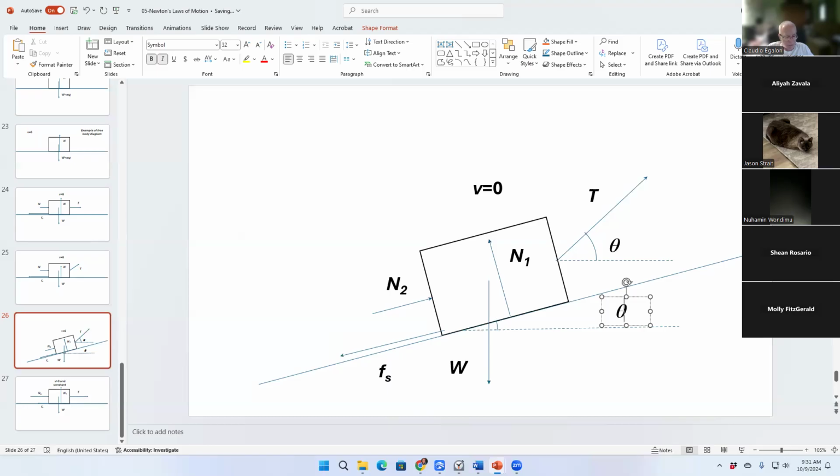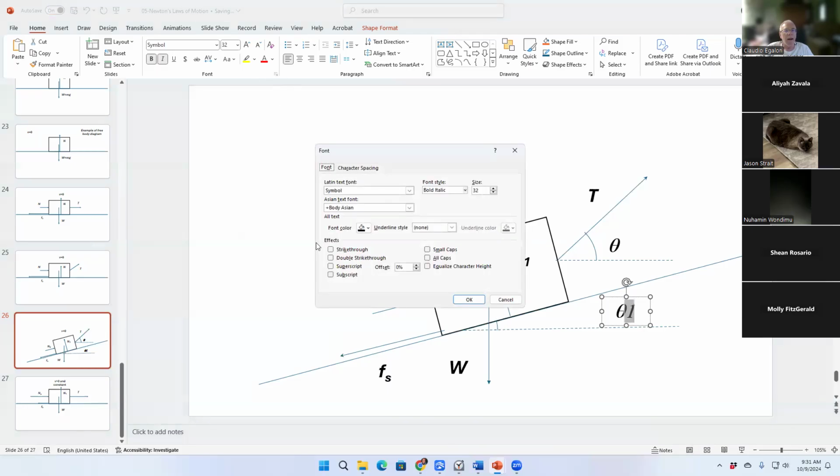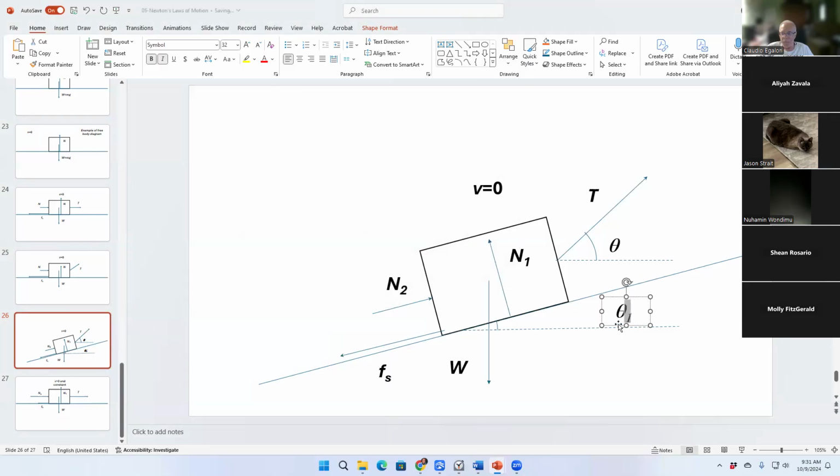Okay, I'm going to call it theta 1. It could have been v greater than 0 as well, if I were climbing the plane.